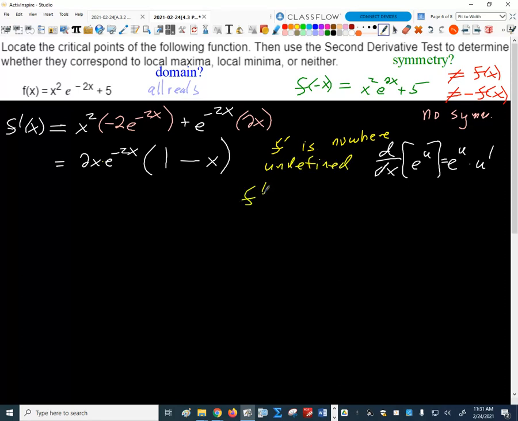Okay, where does our derivative equal 0? At 1. Anyplace else? How about that factor right there?